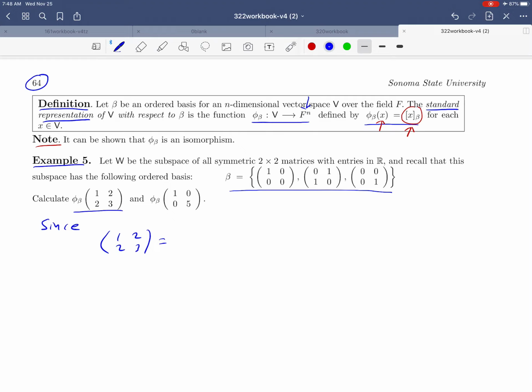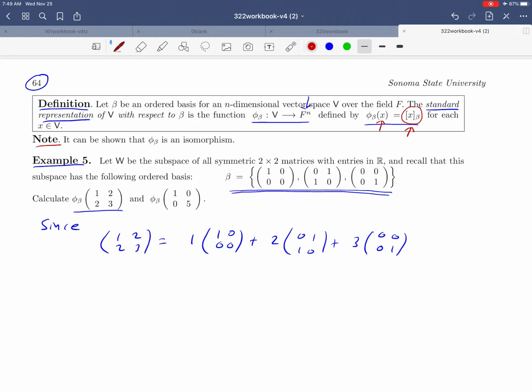All right, well, looking at our basis, it's a nice basis. It's got lots of zeros in it, so it's not too difficult to figure out how we would build it. We just need to take 1 times our first basis vector plus 2 times our second basis vector plus 3 times our third basis vector.